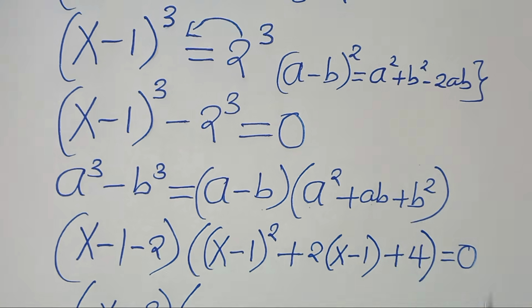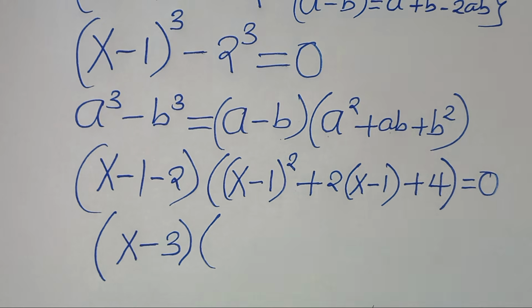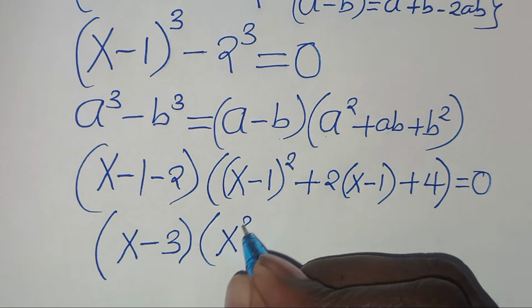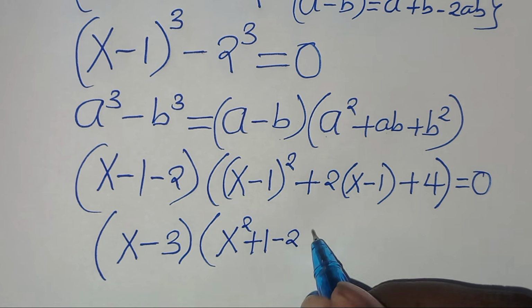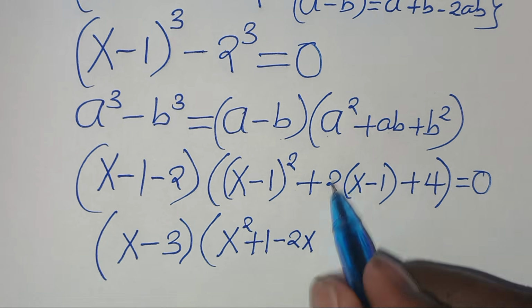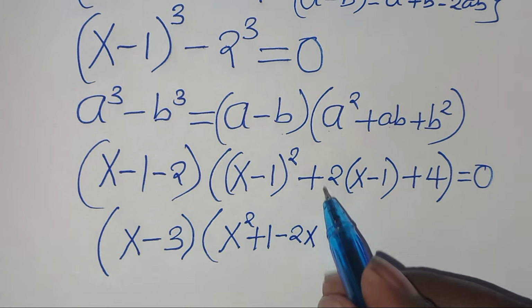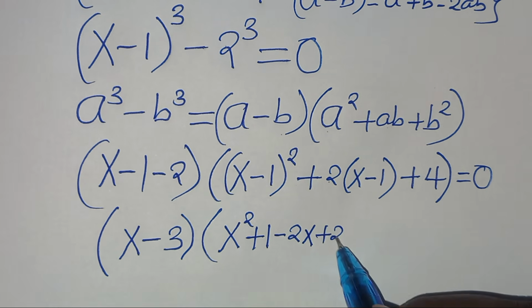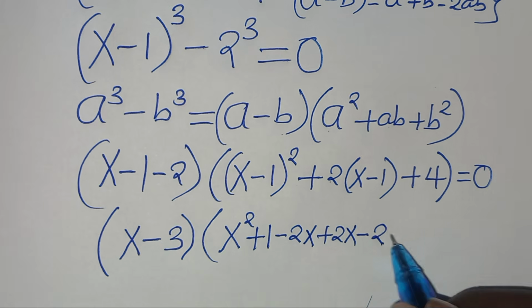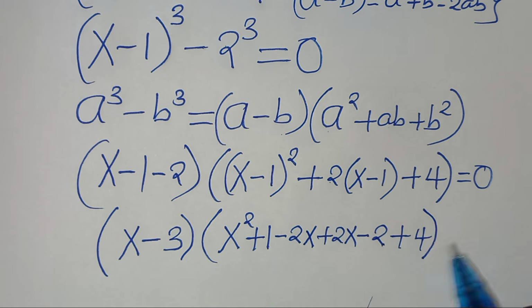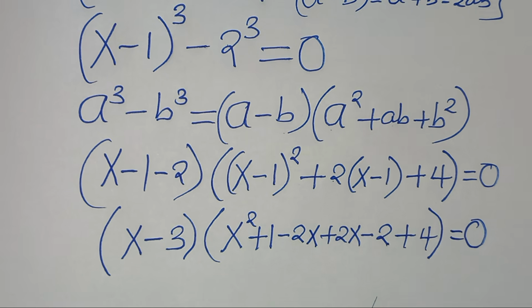Applying this identity, we have x^2 + 1 − 2x. Let's open the parentheses here. So we have 2 times x, this is plus 2x, then 2 times minus 1, this is minus 2, plus 4. Close the parentheses, this is equal to 0.